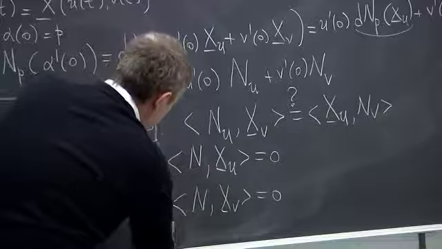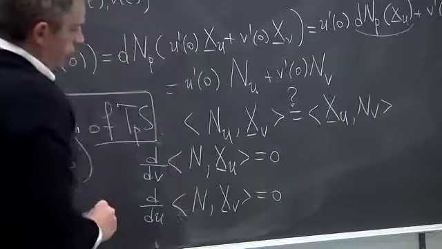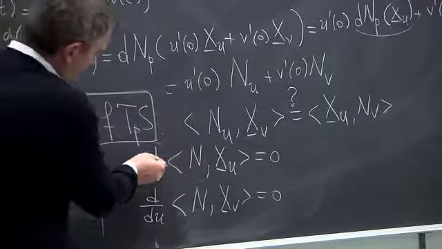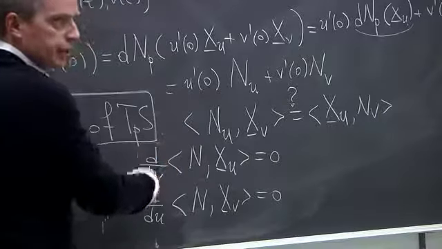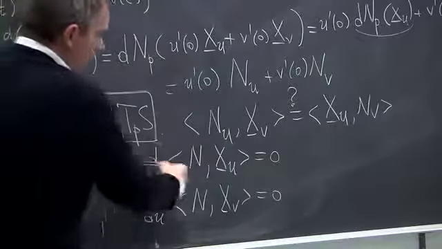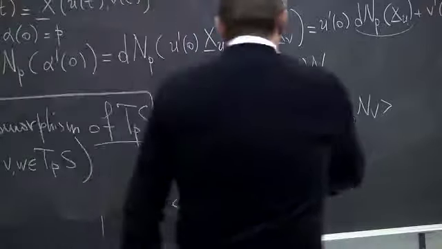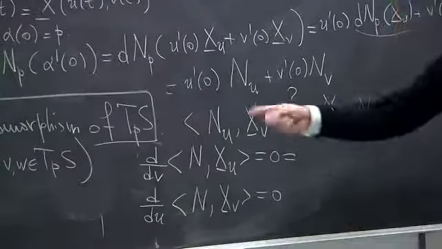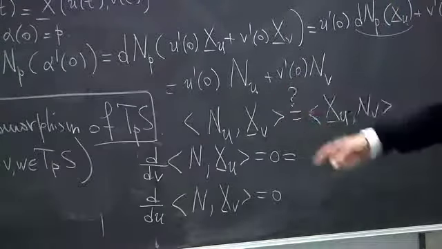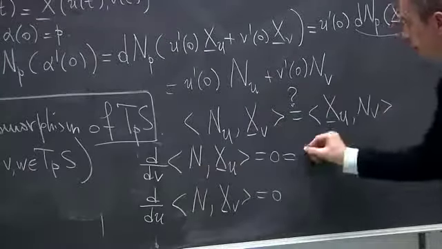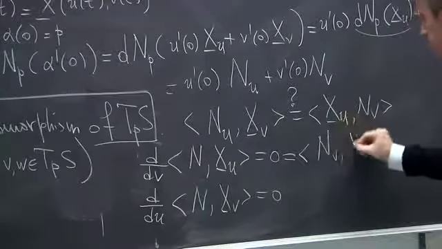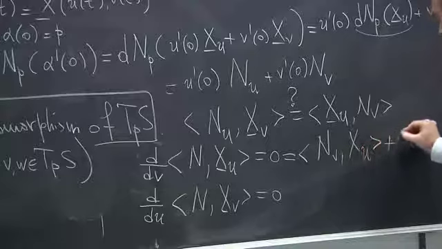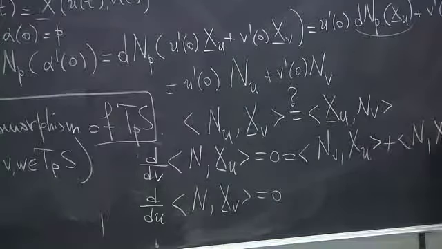And take d in du of this. Well, actually, strictly speaking, I should put the partial derivatives, okay? How much is this? Well, the first one, as usual, the scalar product is differentiated as a standard product. So derivative of the first, nv xu plus n xuv, second derivatives, okay, with obvious notation.